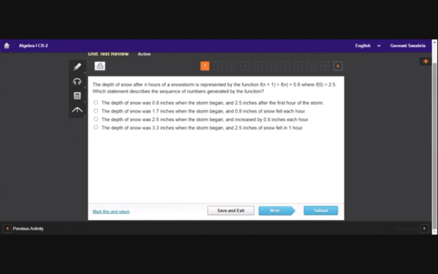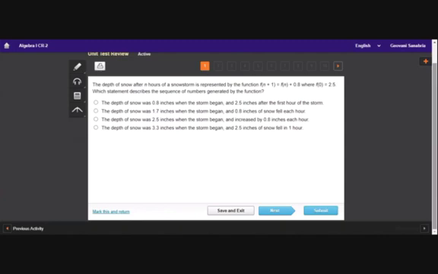So, which statement describes the sequence of numbers generated by the function? The depth of the snow was 0.8 inches when the storm began. So, when the storm began, that would be at 0 hours. That would be f of 0. So that one's wrong.